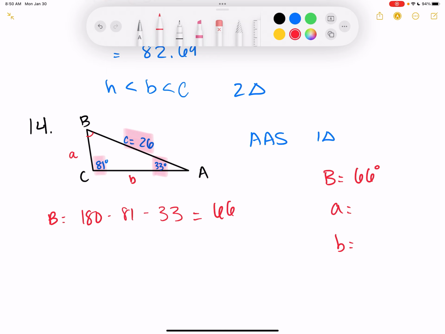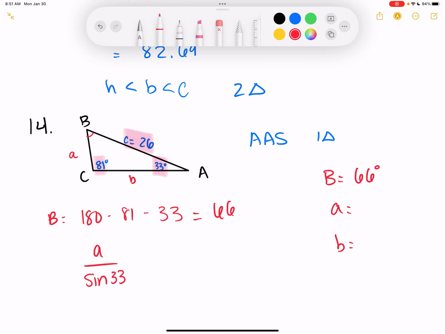So I am going to start out with finding side A. So law of sines. Now I need side A, so I'm going to use the formula where the side length is on top, because that's what I ultimately want to solve for, so I'm trying to save some math steps. So I'm going to have A over sine of A, which is 33.